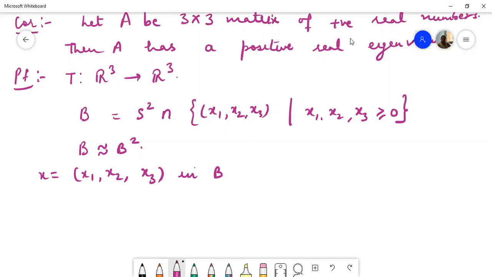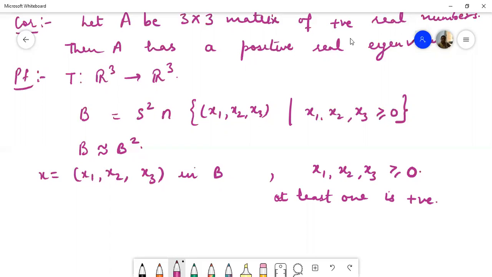And secondly, because this point X belongs to the sphere S2 also, x1 squared plus x2 squared plus x3 squared is equal to 1, which means all these three cannot be 0, so one of them is non-zero. So first, all of x1, x2, x3 are non-negative, and at least one of them is positive.